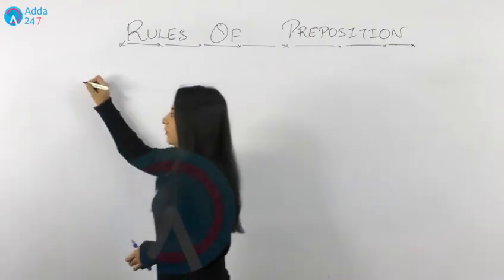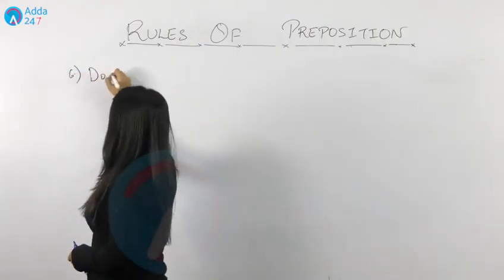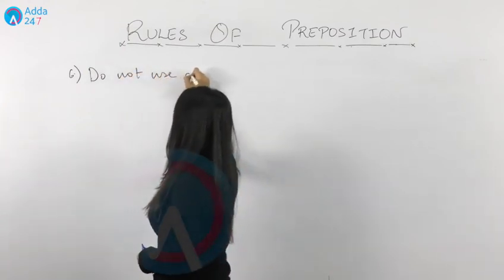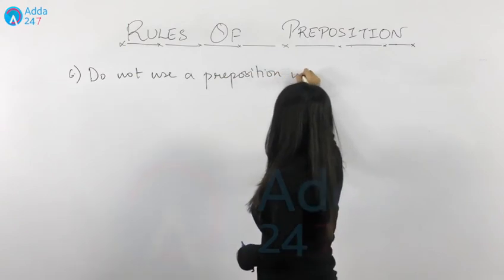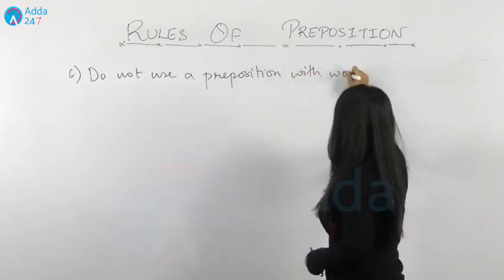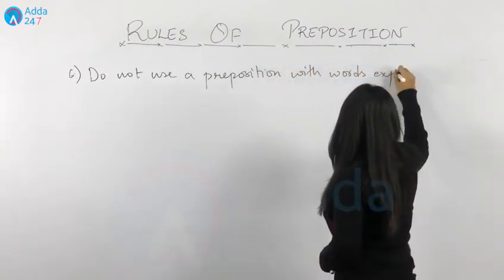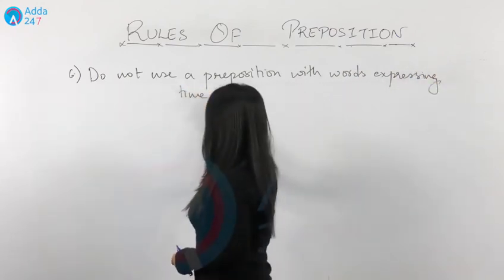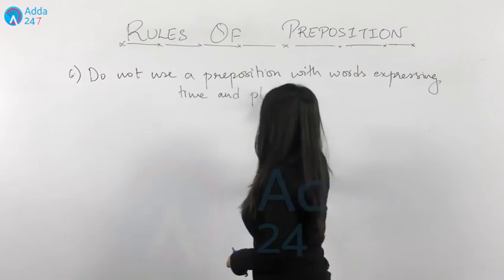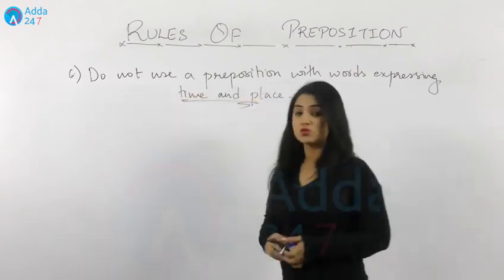Now the last rule of preposition says, do not use a preposition with words expressing time and place. Words expressing time and place, what does this mean?